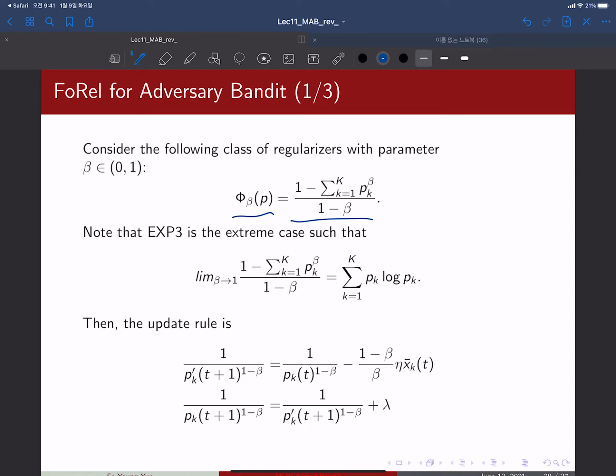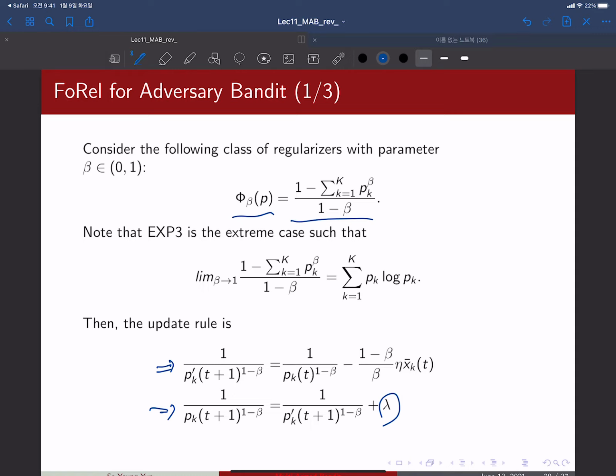So when we define the update rule using this regularizer function, we have this rule. Here lambda is just a constant that makes p_{k,t+1} a probability vector, which means all elements of p_t are non-negative and sum to 1 all the time.